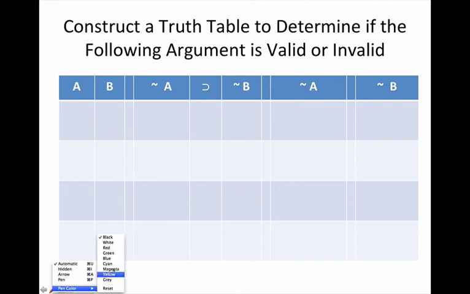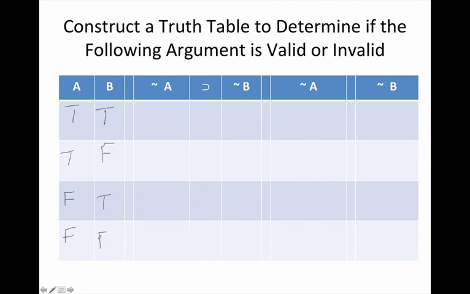Okay, so let us continue. Two simple statements, 4 rows, conclusion, premise 2, and then horseshoe is our main operator.